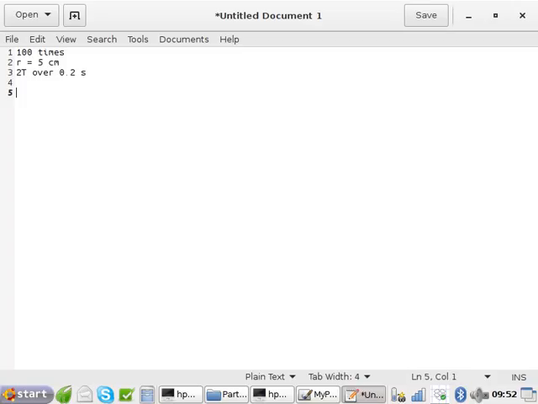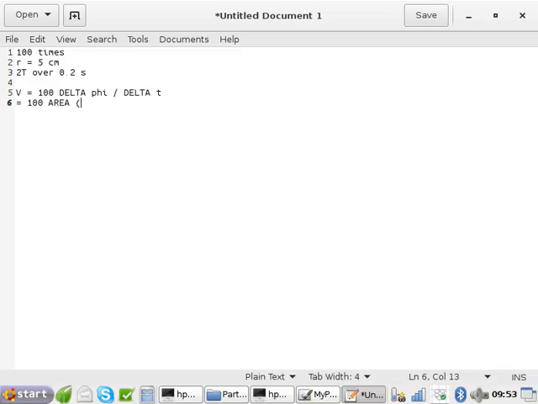So the formula here, V equals 100 delta phi over delta T as normal. You know why I wrote 100, don't you? Because it's 100 loops. What's changing here in this story? The B is changing, yeah. Changing from what to what? From 0 to 2.